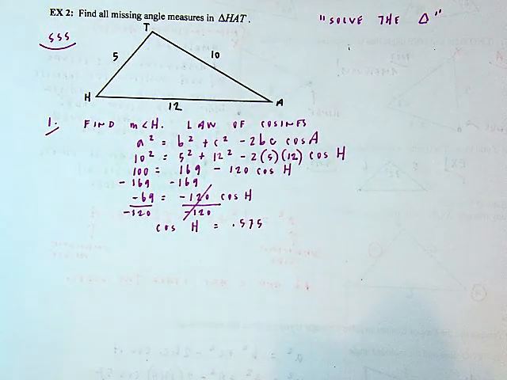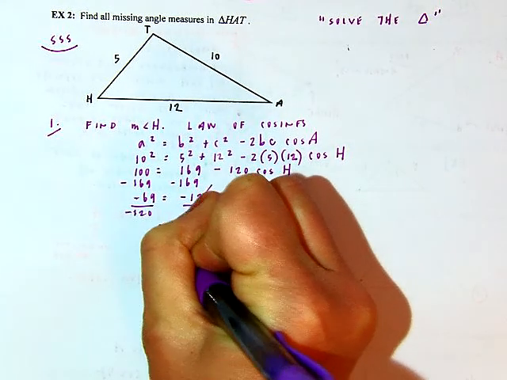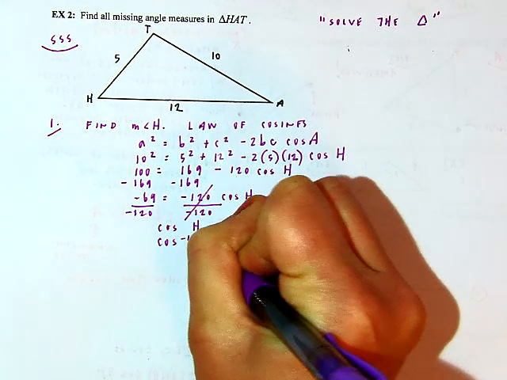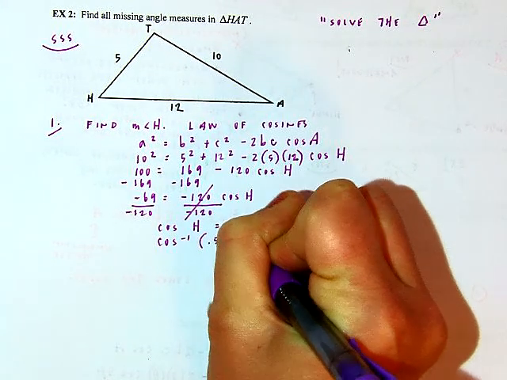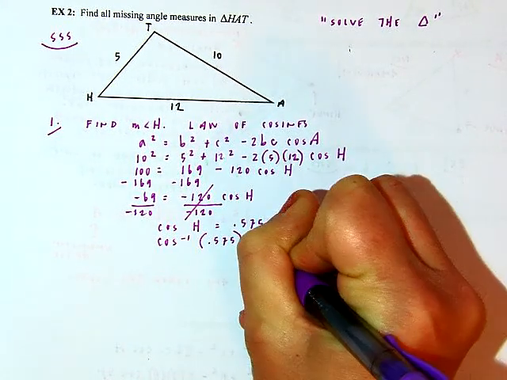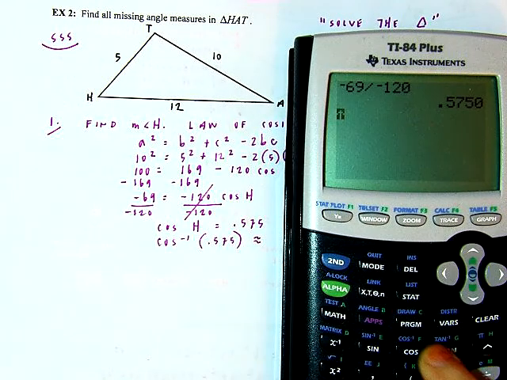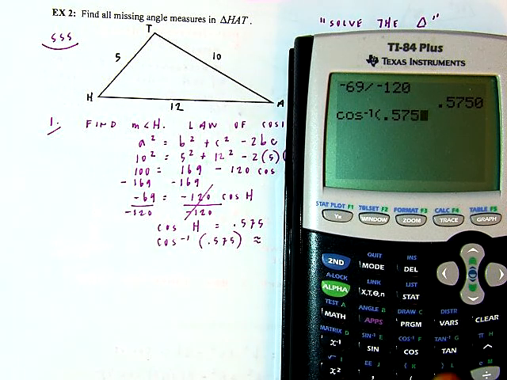Well, I want the angle measure, so I'm going to say the inverse of cosine with that ratio, 0.575, is going to give me the angle measure as an approximation. So second cosine, 0.575, that's going to get me a measure of about 54.9004.